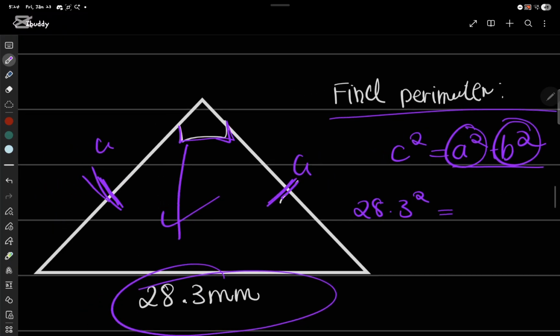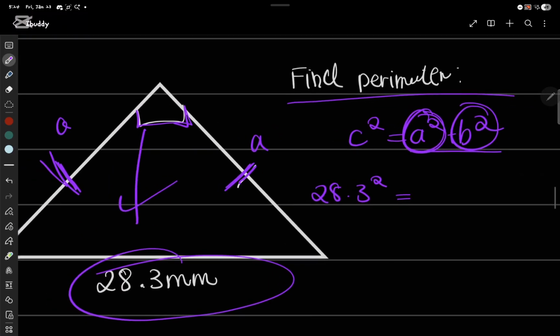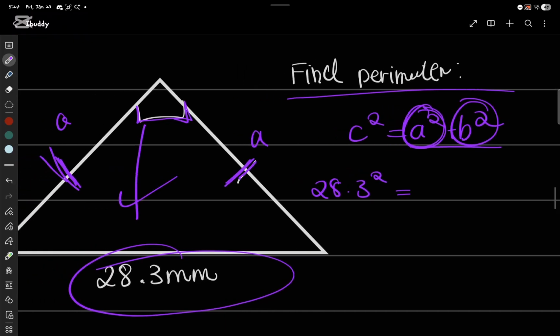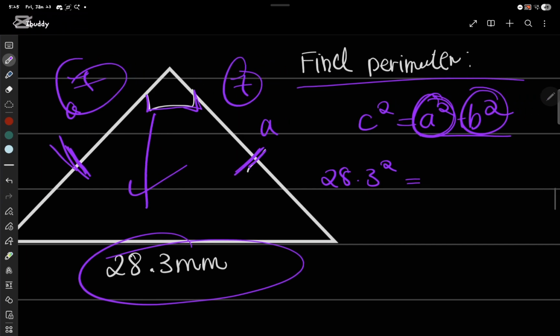They're not the same leg, but they're the same length, so they can be considered the same value of a. In an isosceles triangle, let's say that a is 7. Then these two are both a, so you don't really have to write 7 squared plus 7 squared. You can just write 2 times 7 squared. You know what I mean?